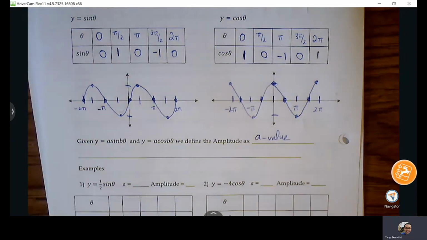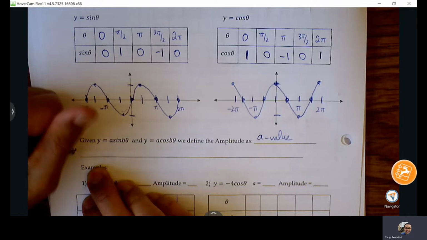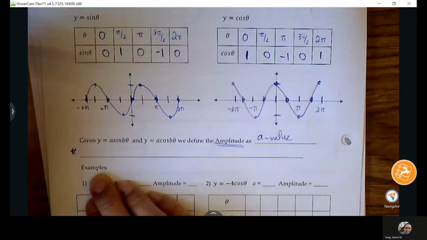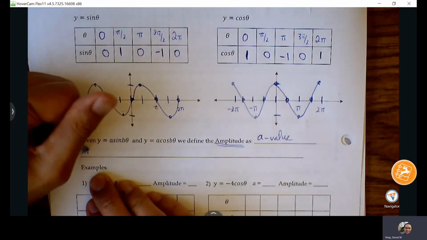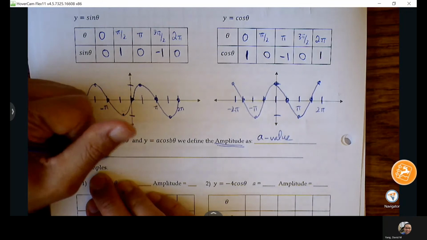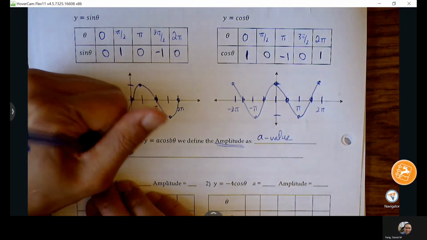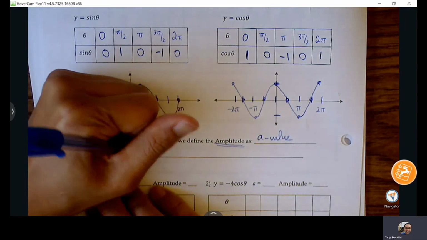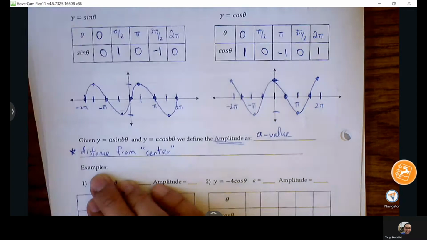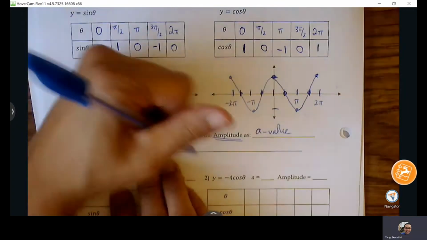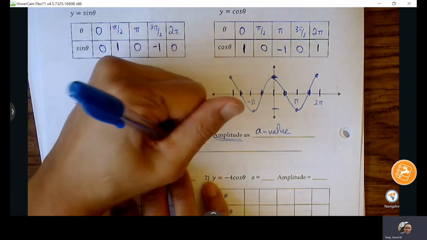Okay, so here's the definition here. Amplitude is the distance from, quote unquote, the center of your graph to the max height.